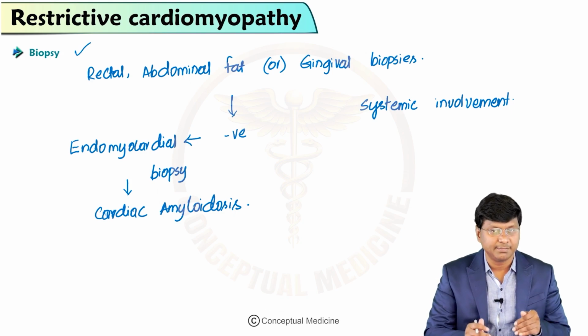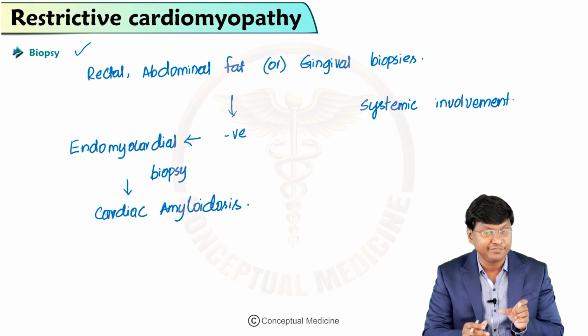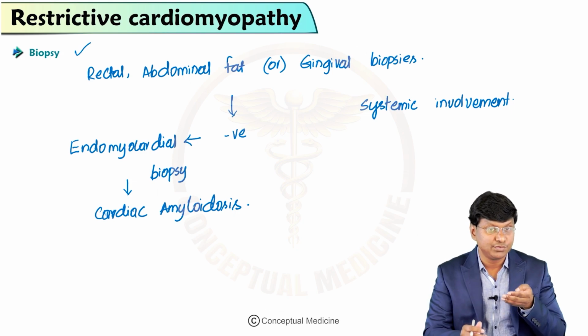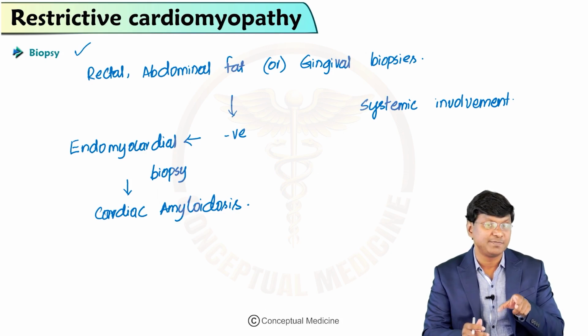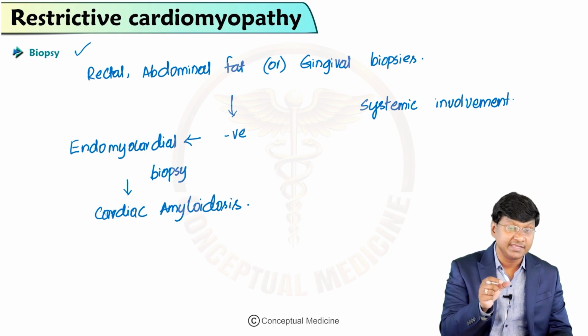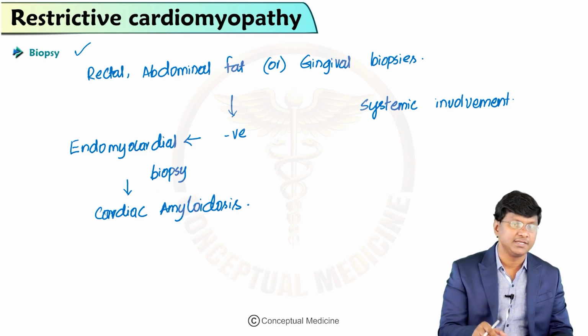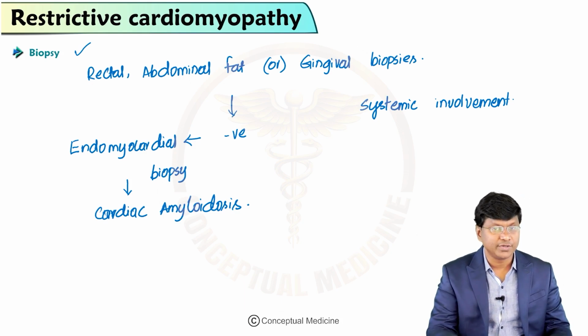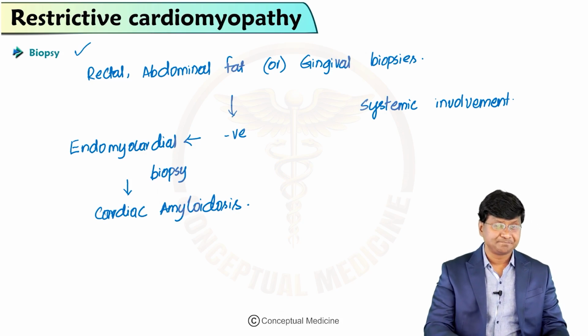This particular biopsy specimen, you have to visualize with a special stain. With the special stain, you will be able to define that specific abnormal protein under the microscope. So this is about your biopsy.